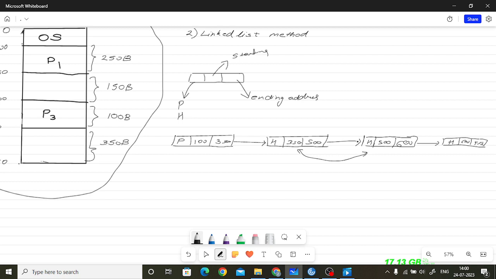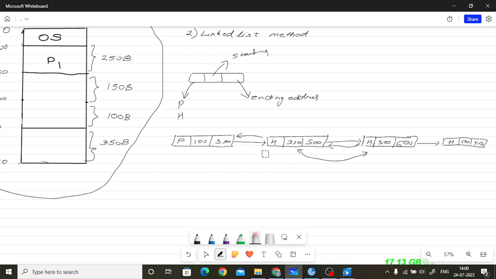And if we are using a doubly linked list also, then it will be helpful in merging two holes. So these two holes will be merged. Okay, what I am trying to say is, if the process P3 leaves, then these holes will be merged together, creating a hole of bigger size of 250 byte.